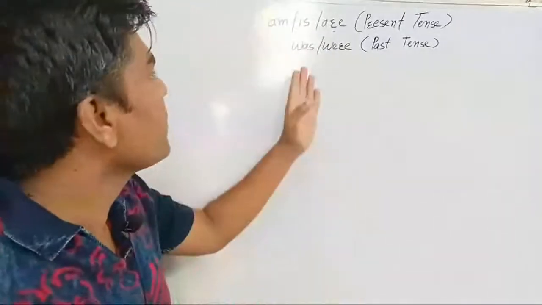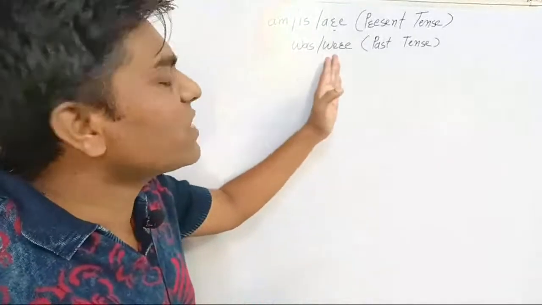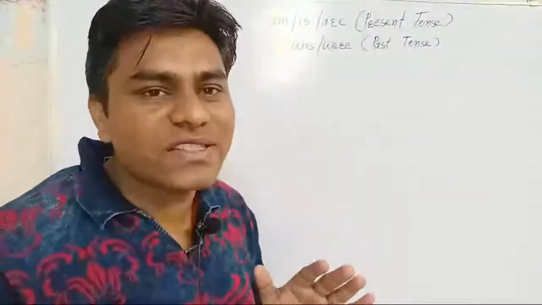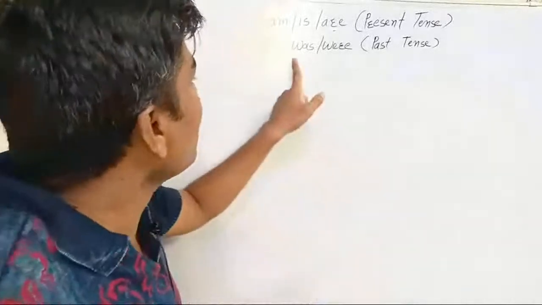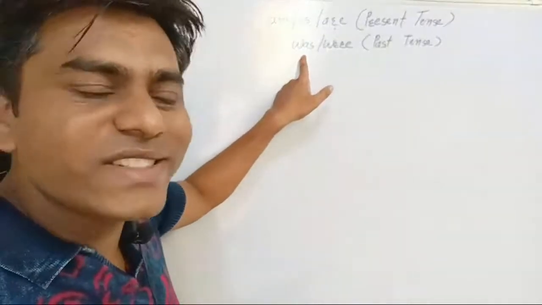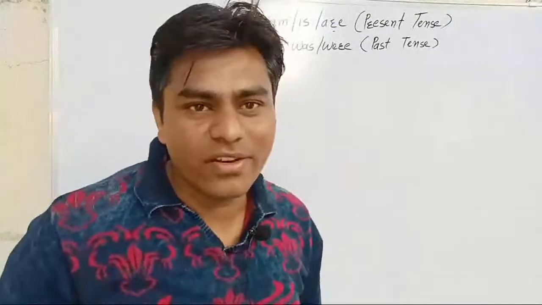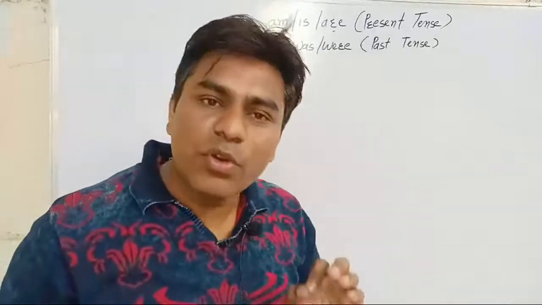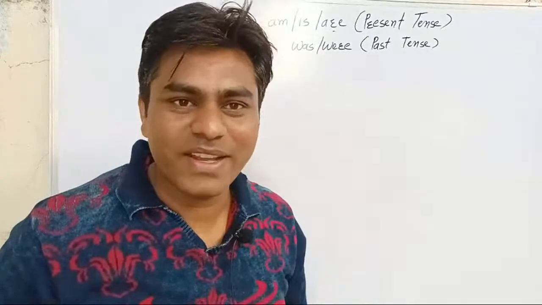Now friends, you see here was and were. These two are the past auxiliary verbs. First one, was, is the singular past auxiliary verb, and were is the plural past auxiliary verb. Getting?